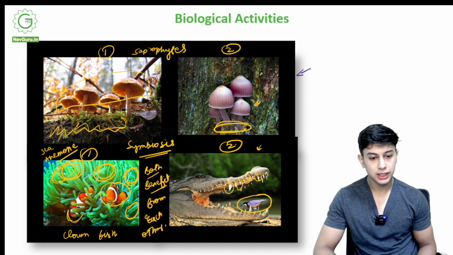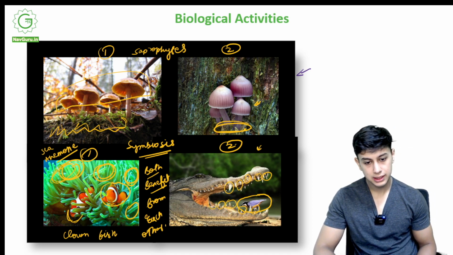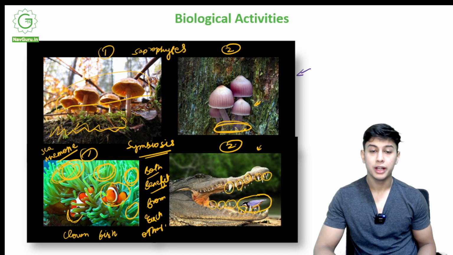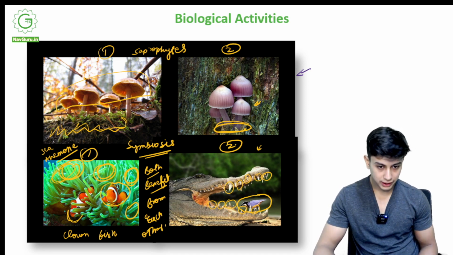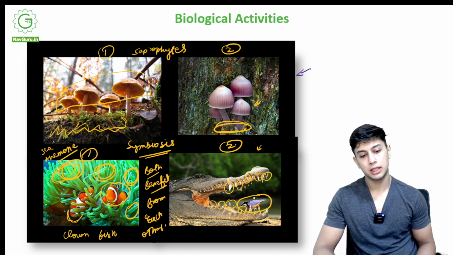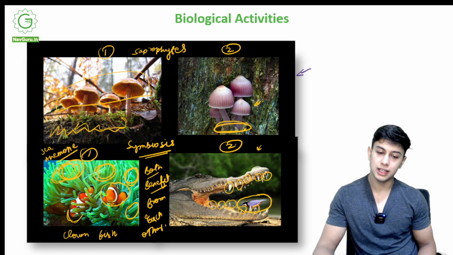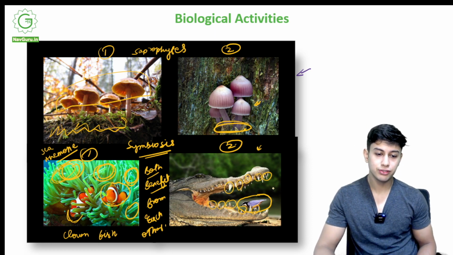The alligator had some food and something is stuck in its mouth. An alligator does not have a toothpick, so it cannot remove it by itself. So it opens its mouth, birds come and eat all the leftover particles stuck in its teeth. This serves as cleaning for the alligator and food for the bird.